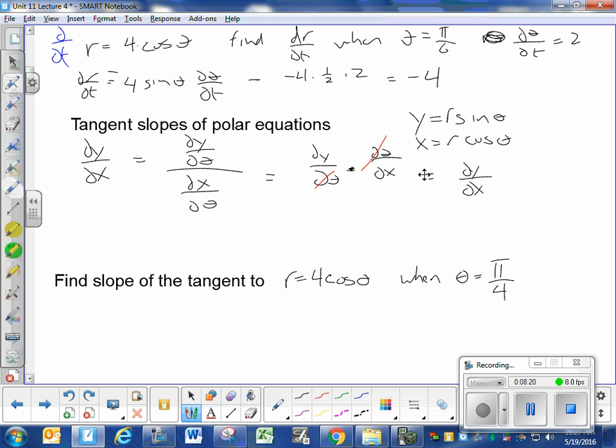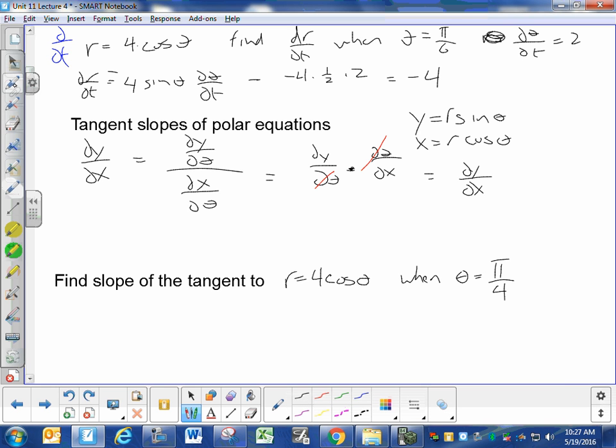So the process to find a tangent slope for a polar equation: figure out what y is. So let's do this example. Figure out what y is. Y would be equal to r sine theta. Figure out what x is. X is equal to r cos theta.